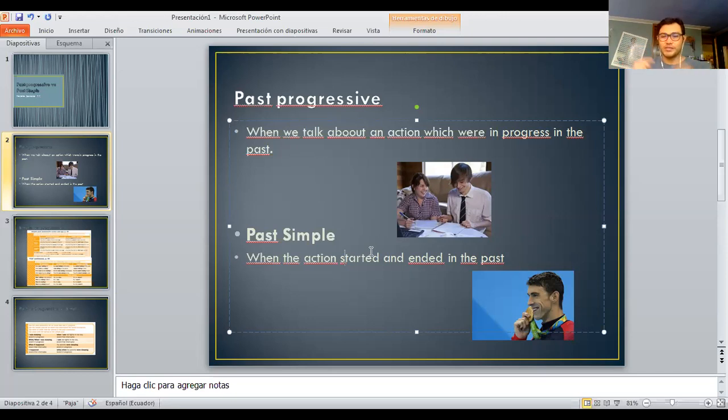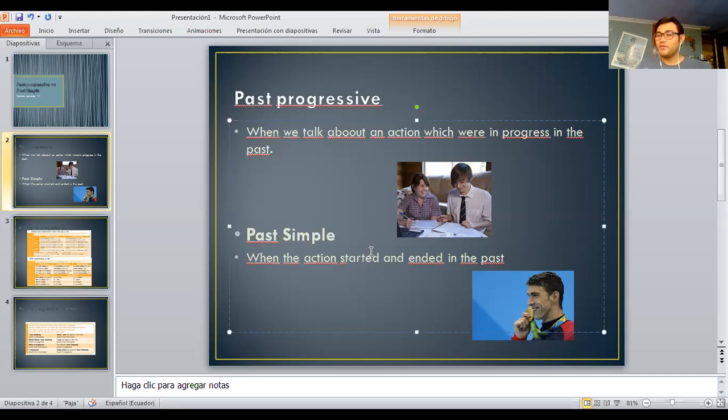Look again at the two photos that I have here. In the first photo, in past progressive, we can see two teenagers. What are they doing? We can say they were resolving some mathematics exercises.